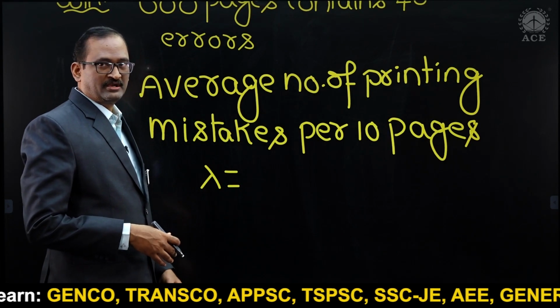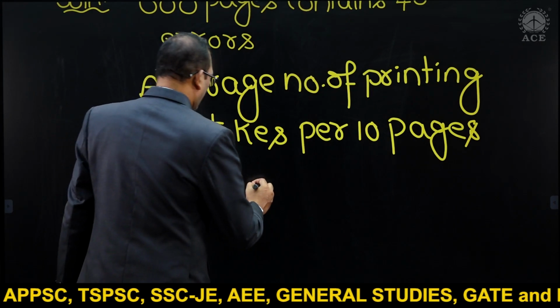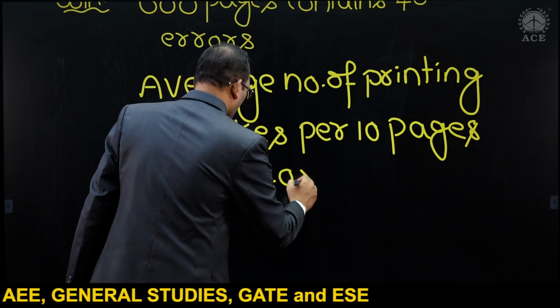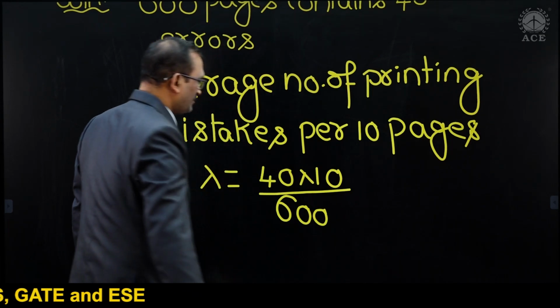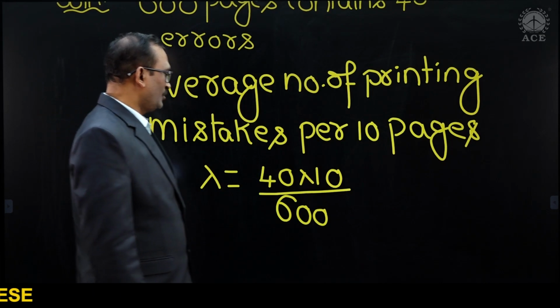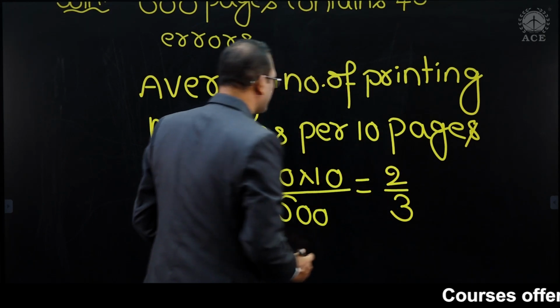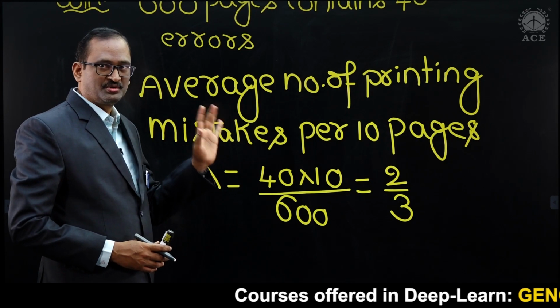N means number of samples that we have taken, or we can directly write this. This is equal to 40 into 10 by 600. Now this is 4 by 6, that is 2 by 3. So average number of printing mistakes per 10 pages should be lambda is equal to 2 by 3.